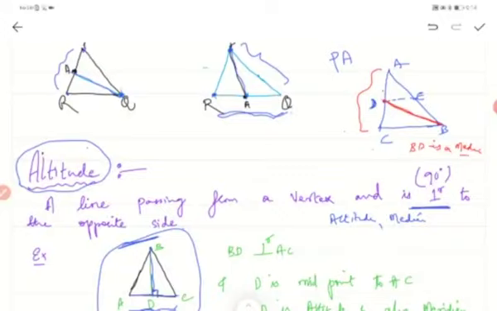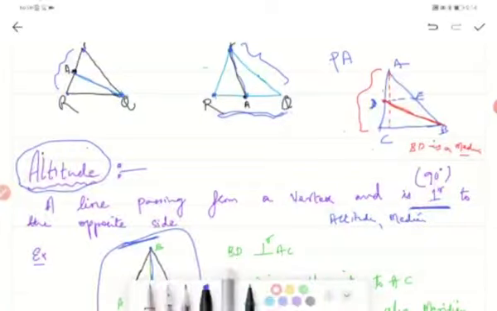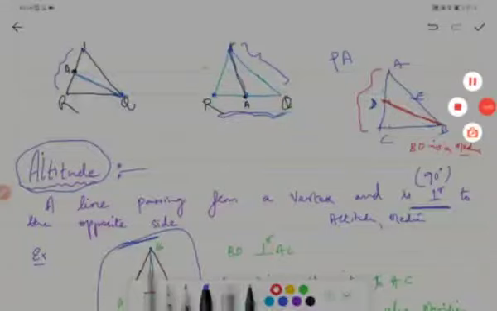Now tell me, this line, is it a median? Let me draw and take another triangle.